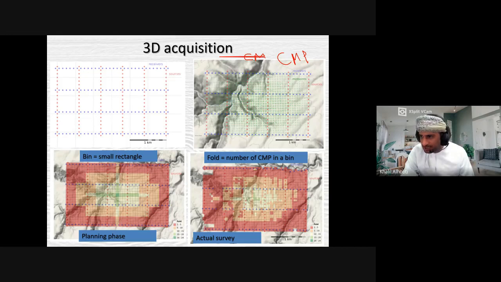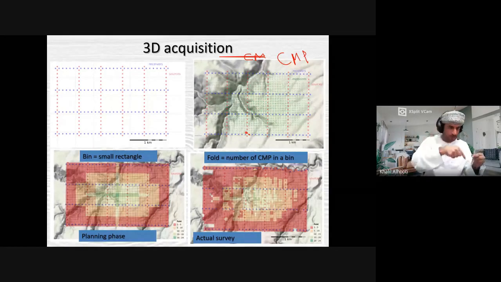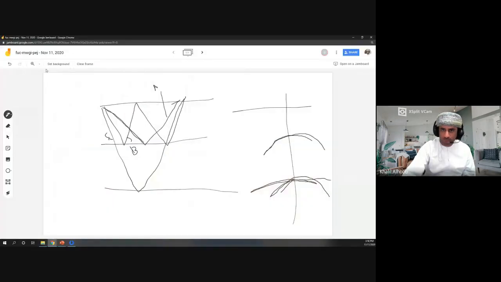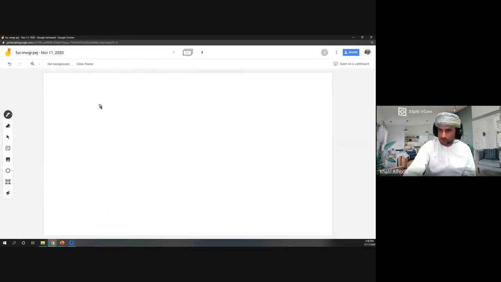What are they? You see this receiver, blue, and this red. These two have one midpoint. So receiver, source, that's their midpoint.